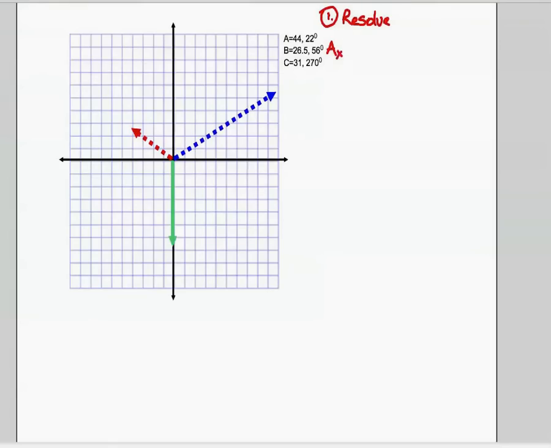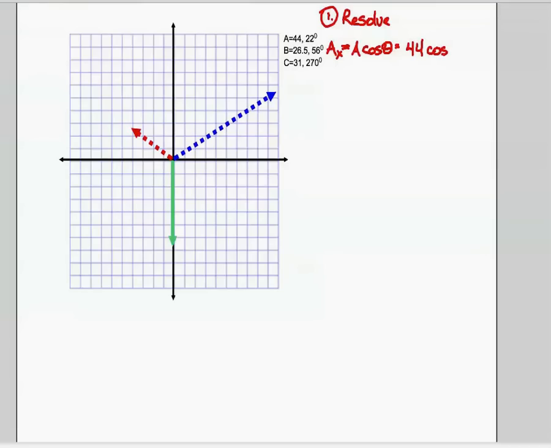My x component of vector A is going to be the magnitude of vector A times the cosine of the angle theta. So I can write A, which we know is 44 units, times the cosine of 28 degrees. Again, arbitrary units.